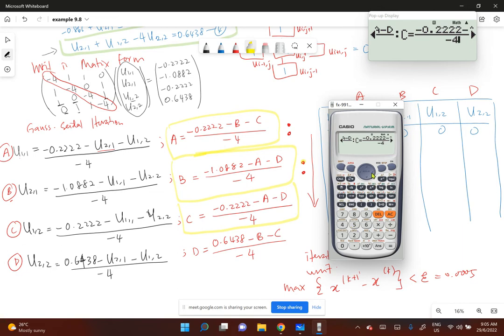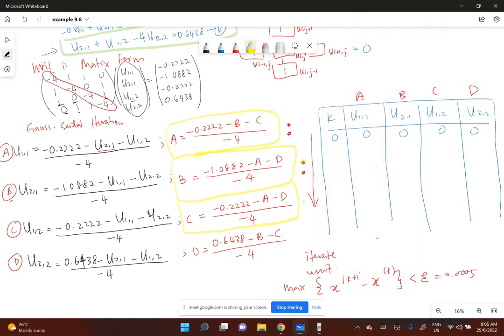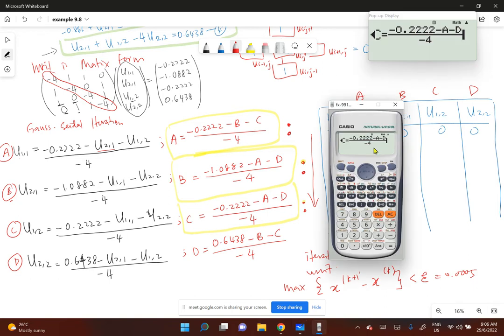Then double dot again, and continue with equation D: alpha D, alpha equal, 0.6438 minus alpha B minus alpha C divided by negative 4.